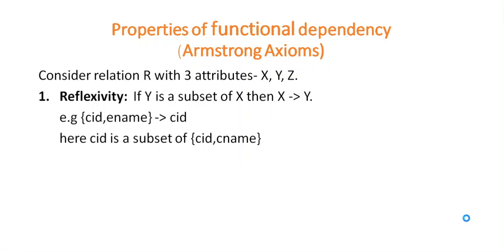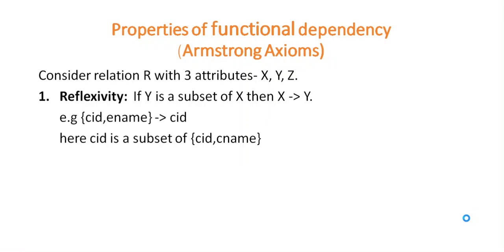Now here see, our functional dependency is customer ID and name is determining customer ID. Here customer ID and name is called the determinant and customer ID is called the dependent, because the value of customer ID is dependent on customer ID and name.